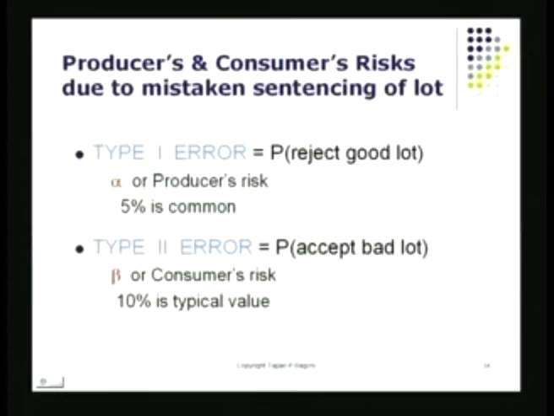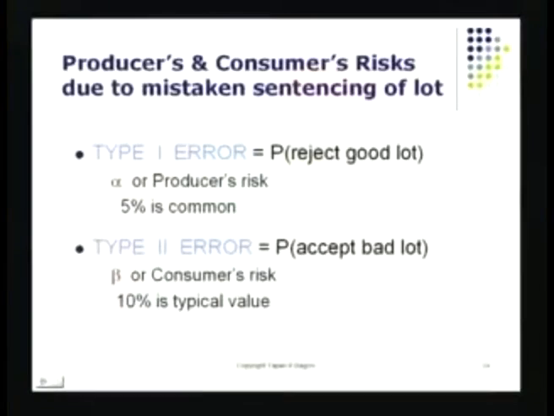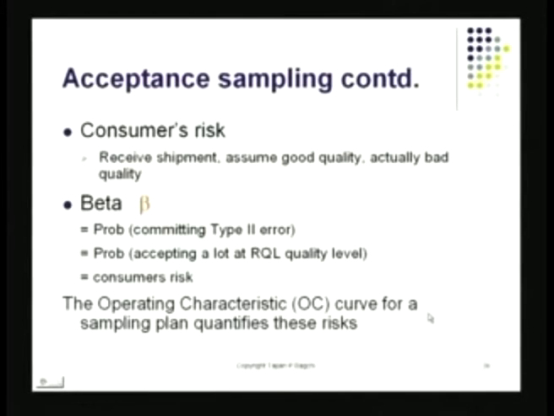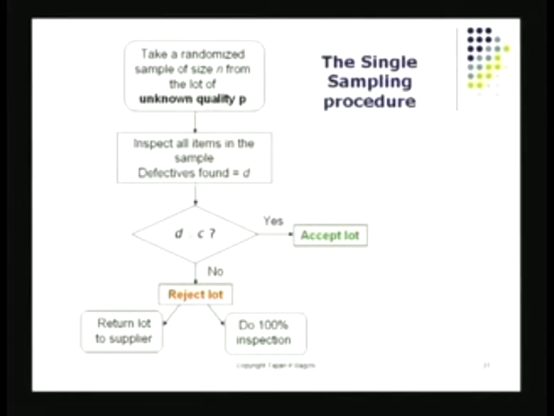In that case, they would like to reduce beta to a pretty low value. On the other hand, a producer may be very fussy and not want to see good lots returned to him, so he would like to work with an alpha which is quite small. So these two notations, alpha and beta, signify the producer's risk and the consumer's risk.